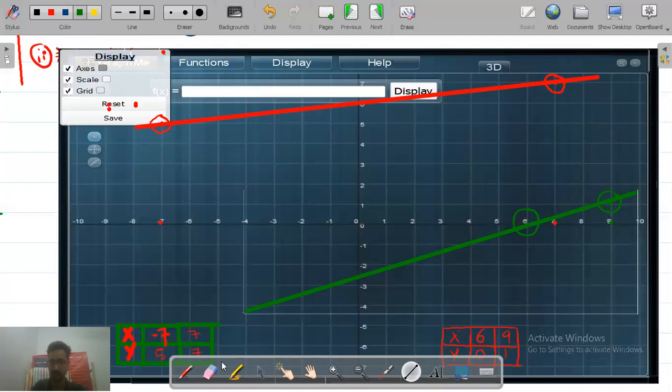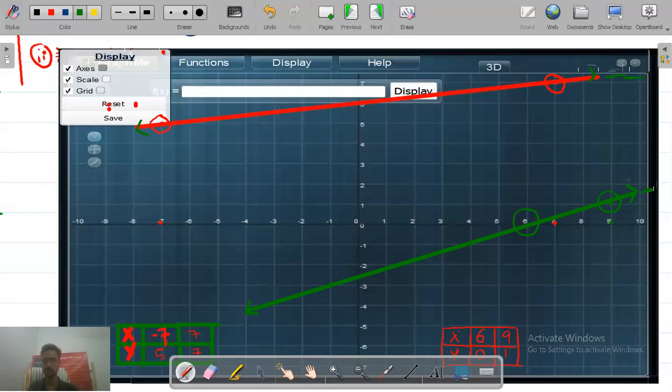Now see, it will be one straight line, and it will be one straight line. These two lines are not parallel to each other. If you extend these lines, they will cut at some point, yes or no? One line is like this, and one line is like this.